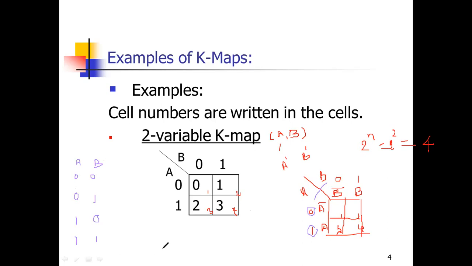That is the meaning. Here 0 is represented as bar, the complement, and 1 is represented as non-complement, or uncomplemented. So this cell is 0, 0, then 0, 1, then this cell is 1, 0, and 1, 1.